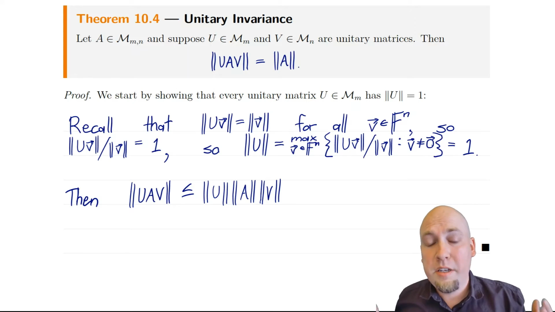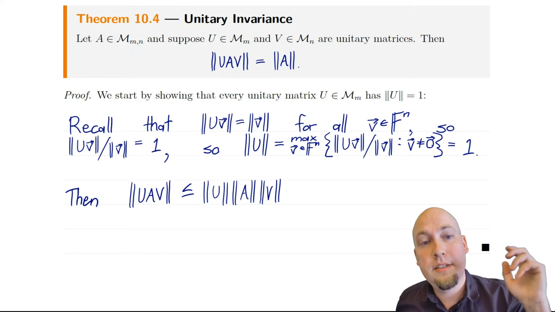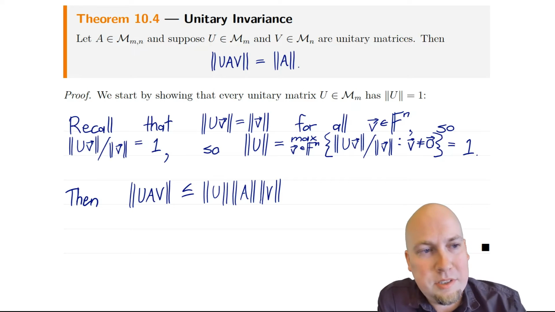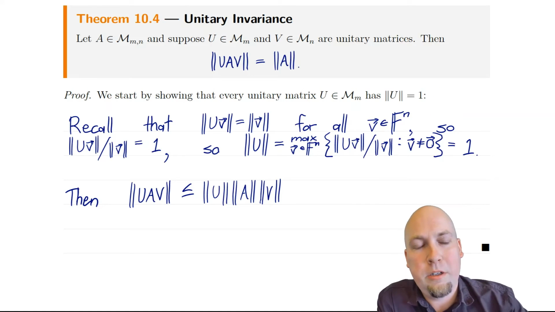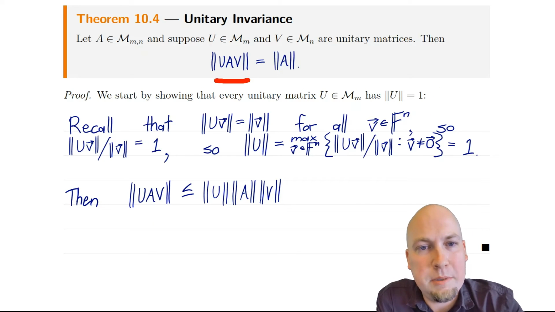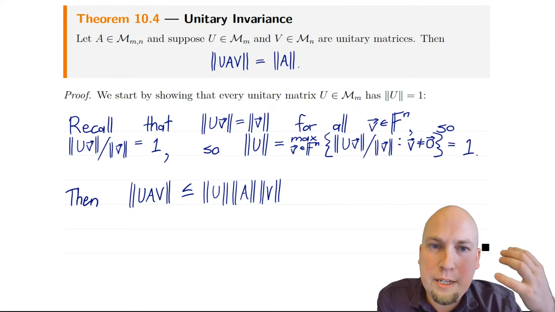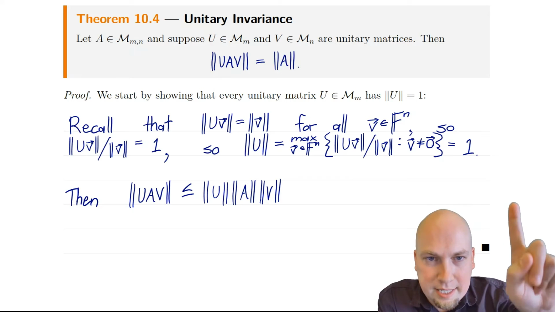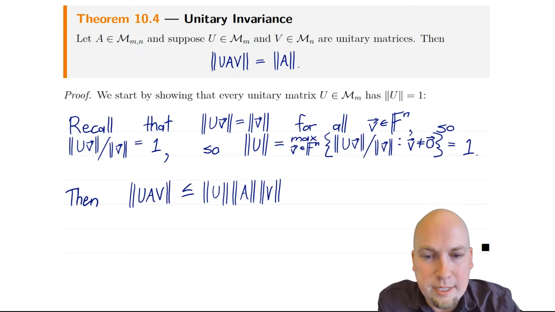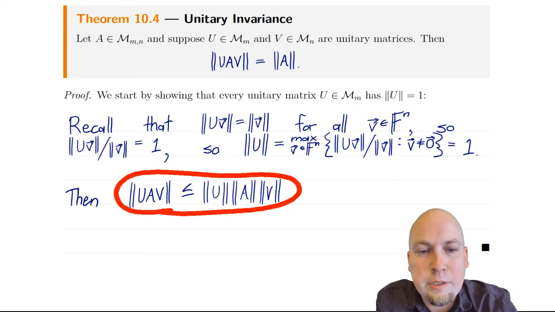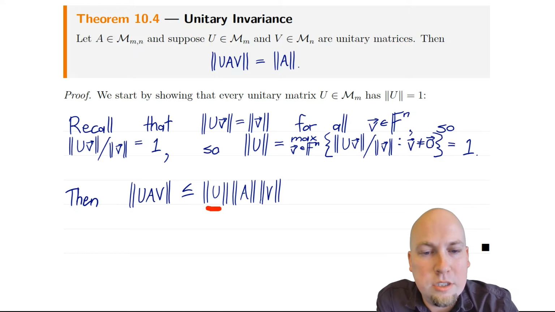Now I'm going to use submultiplicativity. I've taken care of this helper fact that the operator norm of a unitary is 1. Now I'm going to consider the operator norm of UAV. By submultiplicativity, the theorem that I proved just earlier on the page, it's less than or equal to the product of the original operator norms.